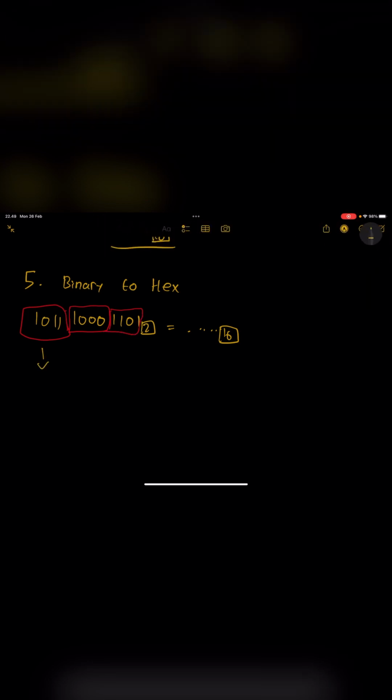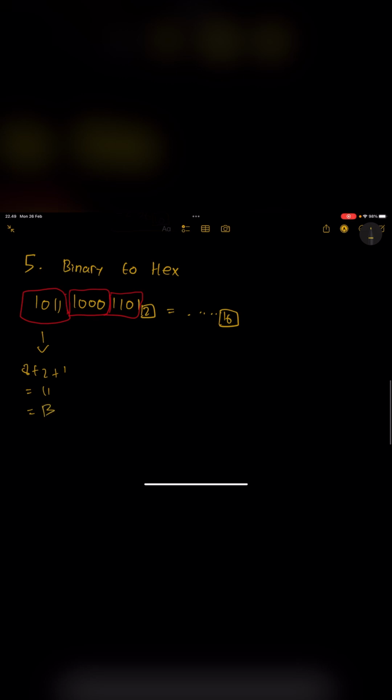Okay, and then we'll get 1011, which is equal to 1 plus 2 plus 8, which is 8 plus 2 plus 1 will be equal to 11, and in the hexadecimal 11 will be B, and then 1000, which is equal to 8, and 1101 which is equal to 8 plus 4 plus 1, which is equal to 13, but in hexadecimal 13 is D. Therefore we will have the answer, which is B8D with the basis of 16. This will be the final answer.